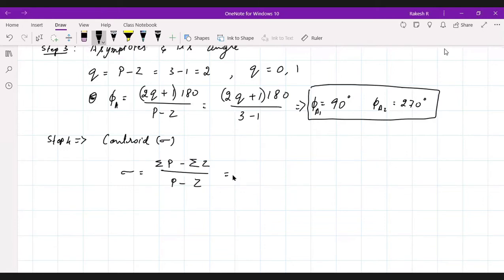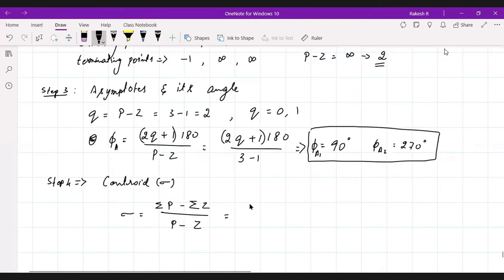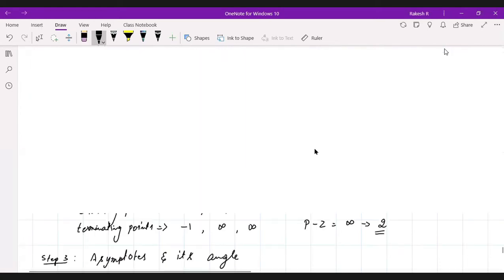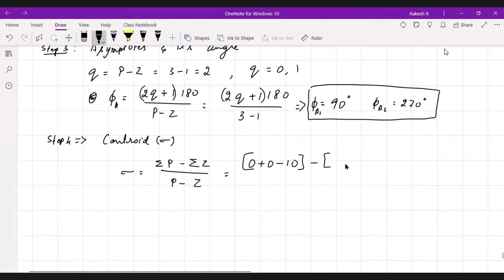Now the summation of real parts of poles is 0 plus 0 minus 10 here. Minus the summation of real parts of zeros. The real part of the zero is minus 1, divided by the number of poles, 3, minus the number of zeros, 1.